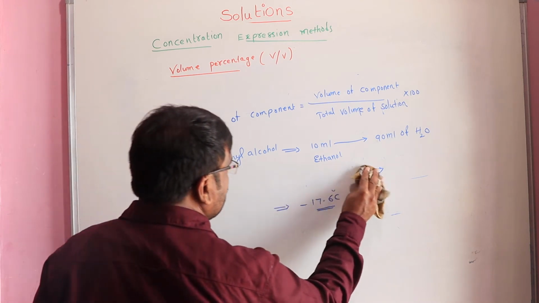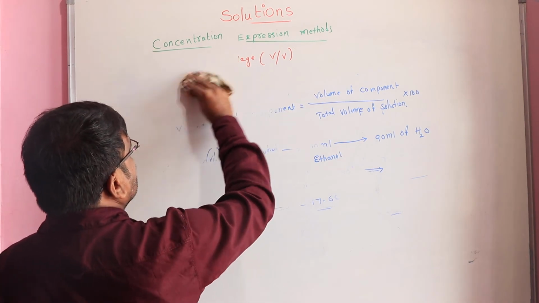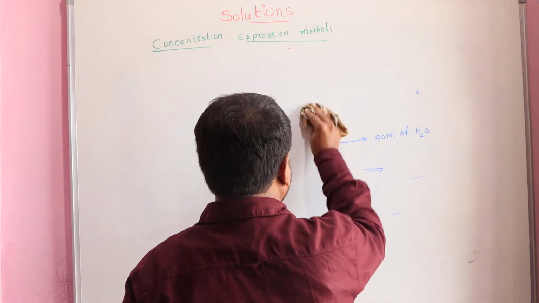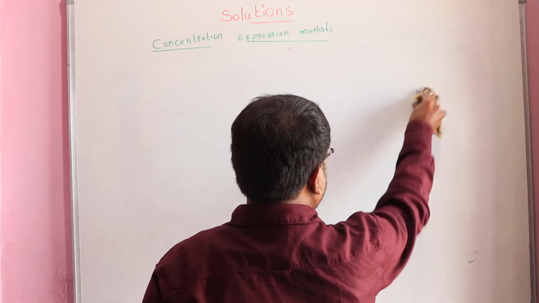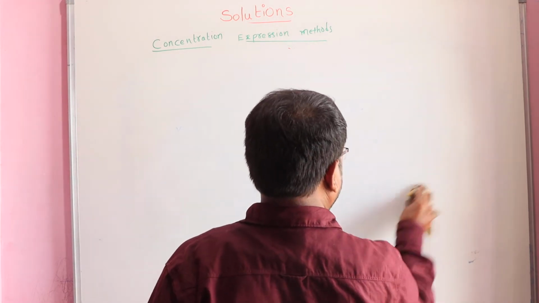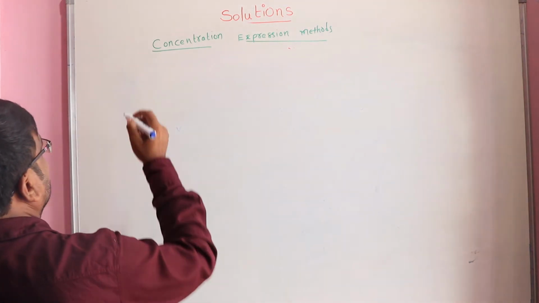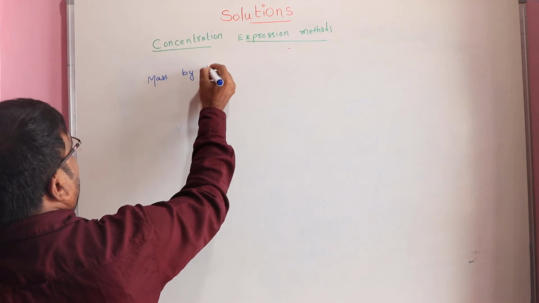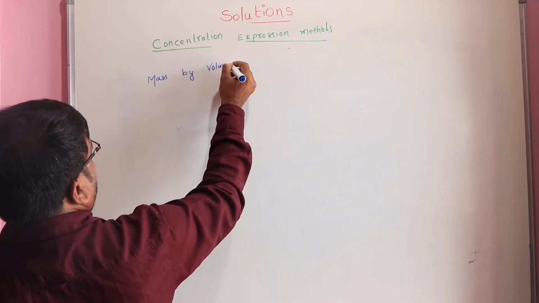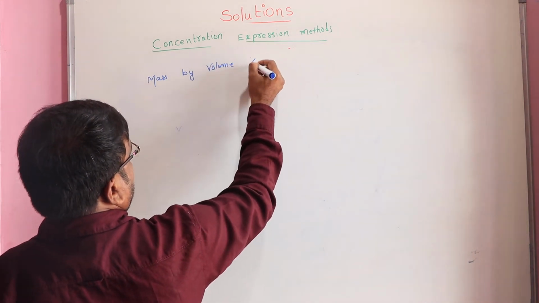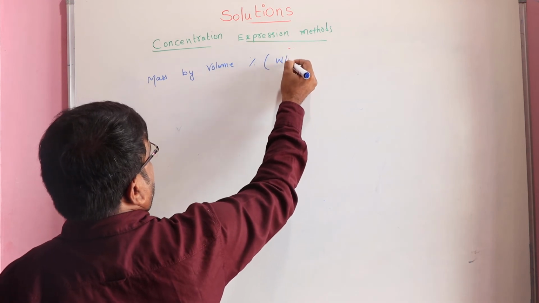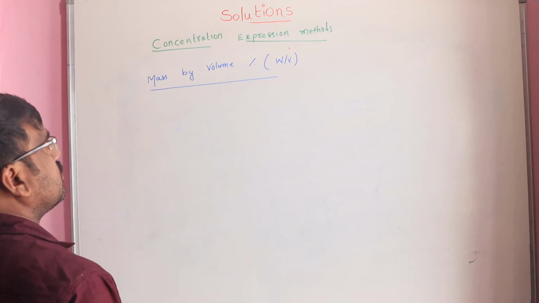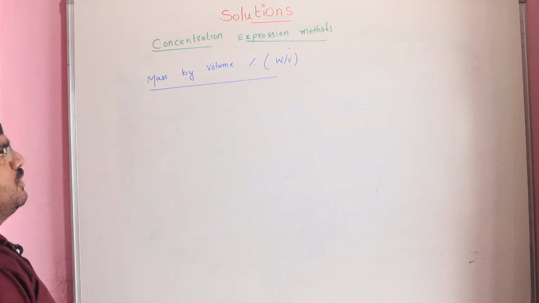Then after volume percentage, mass by volume percentage, W by V, is there. What is the definition of it?